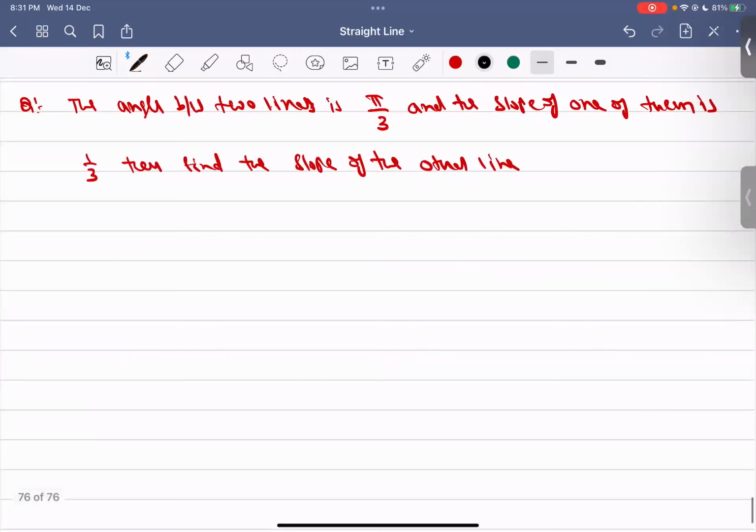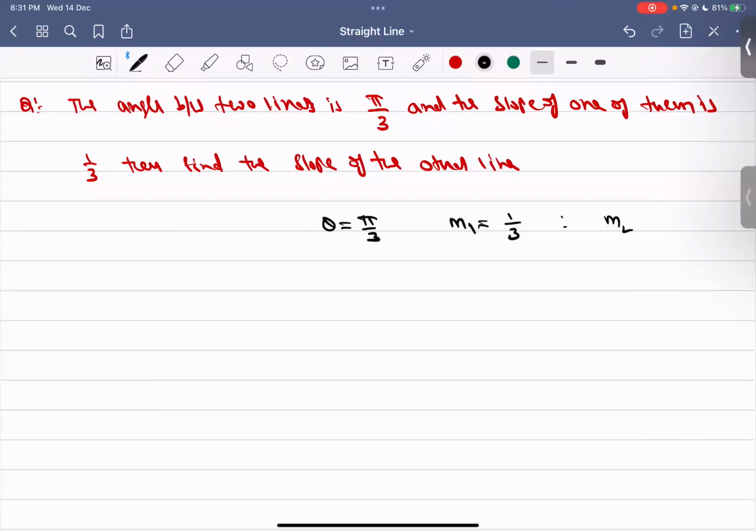So here the angle is given, that is theta, the acute angle. Theta is equal to pi by 3 is given. Slope of one line, that is m1, is equal to 1 by 3. Let the slope of the other line be some m2. Therefore m2 is being asked.